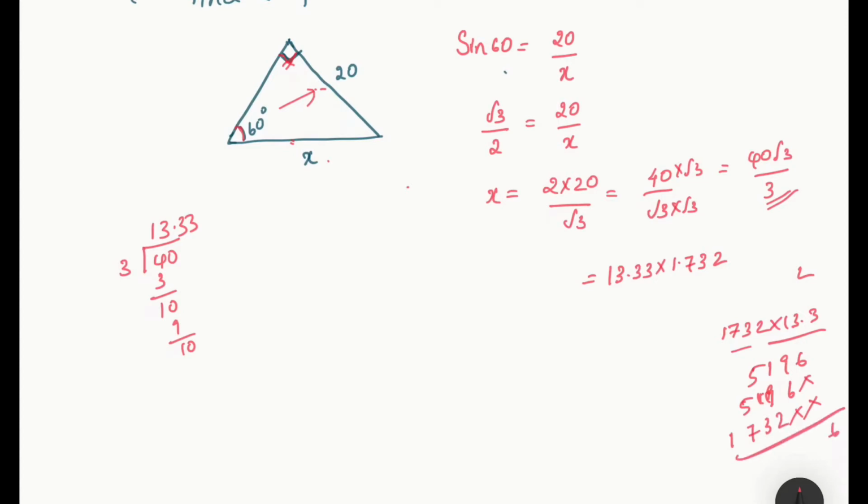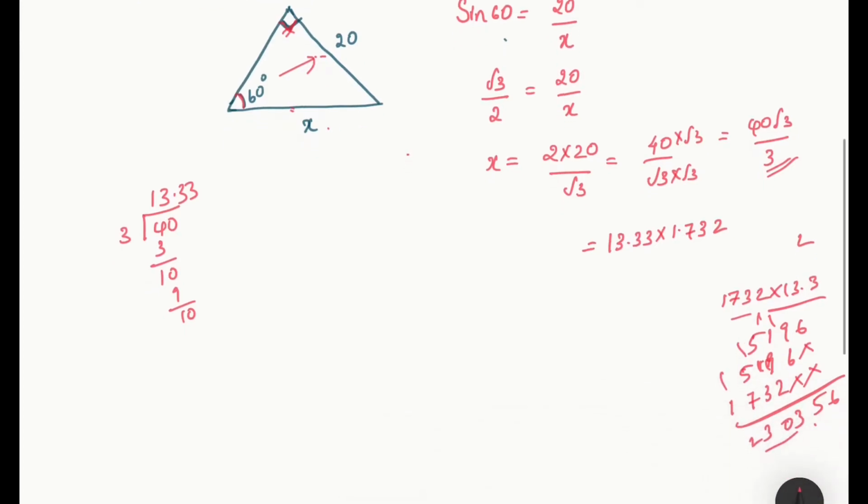So what are you getting? 6, 5, 3, 10, 1, 7 plus 23, 1, 2. So I get 23.05. That is equal to 23.1. Okay.